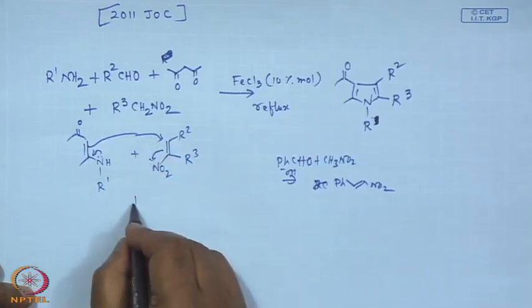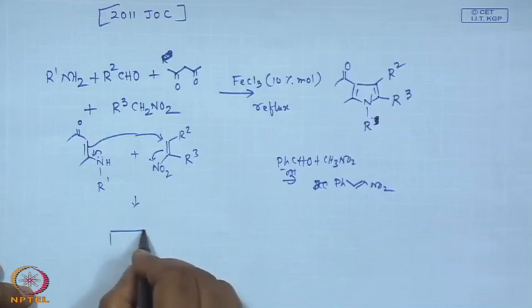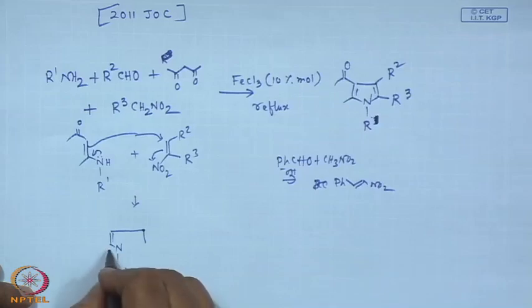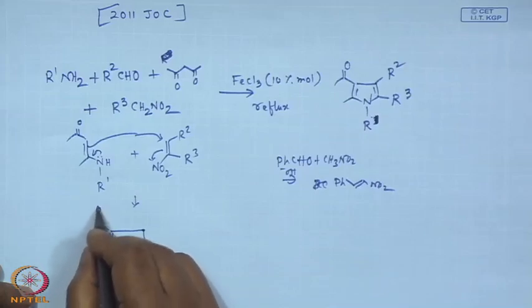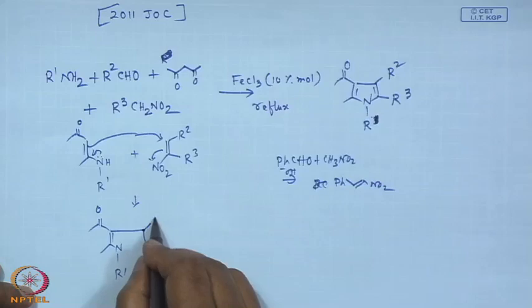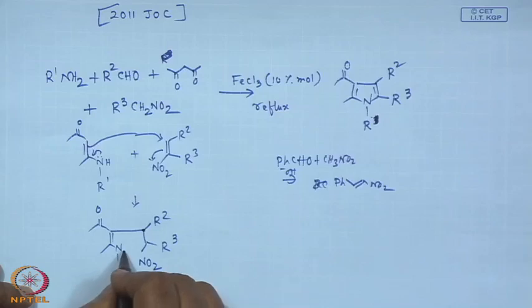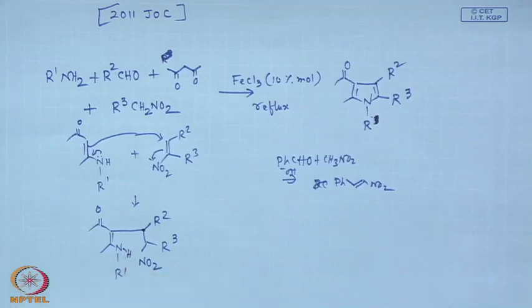So, eventually what you will be getting here is R1, R2, in this case R3, and this is nitro and this is hydrogen, right.